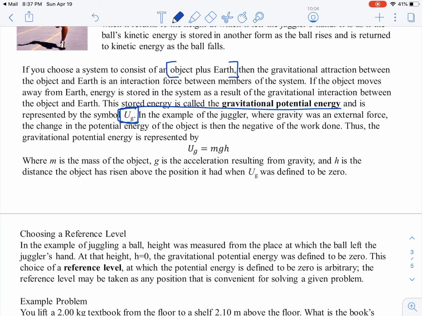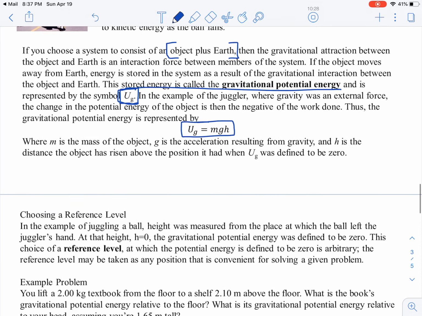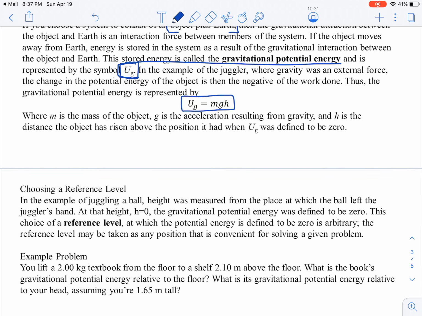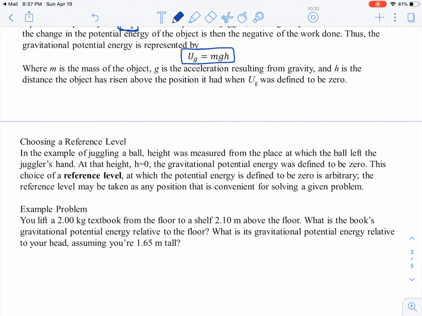In the example of the juggler, where gravity was an external force, the change in potential energy of the object is then the negative of the work done. The gravitational potential energy is represented by this equation, mgh. m is mass, g is gravitational acceleration, and h is the distance the object has risen above the position it had when Ug was defined to be 0, which essentially is our reference level, which takes us on to the next topic.